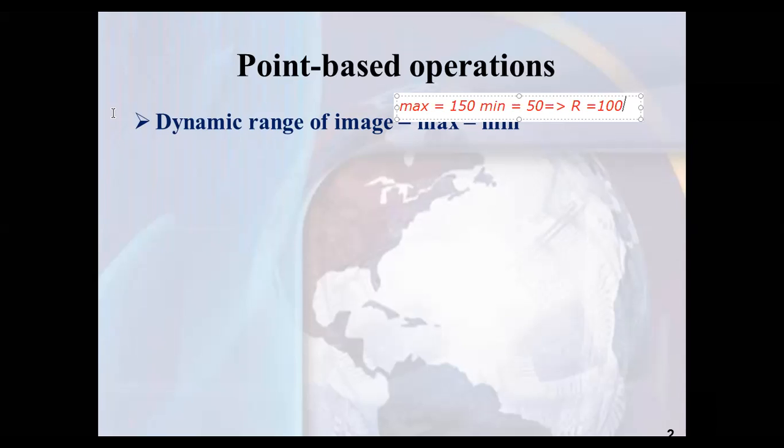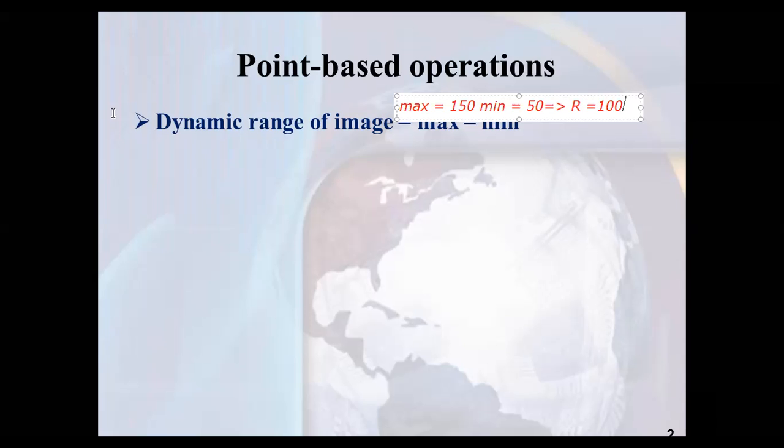So for that, we need to increase the quality of the image. We need better performance for this image, a better view, to have more details by adding more colors, because we only have 100 colors of the available 256 colors. So we need to extend the colors.